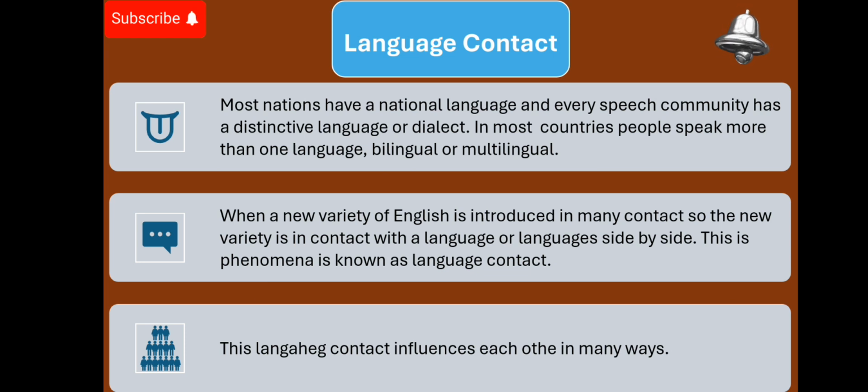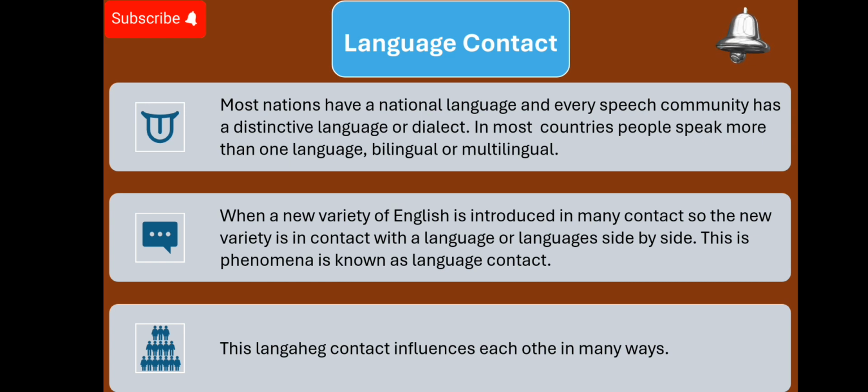Furthermore, in most countries people speak more than one language. That is called bilingual or multilingual. We can hardly find a person who speaks only one language. Most often people speak two or more languages.